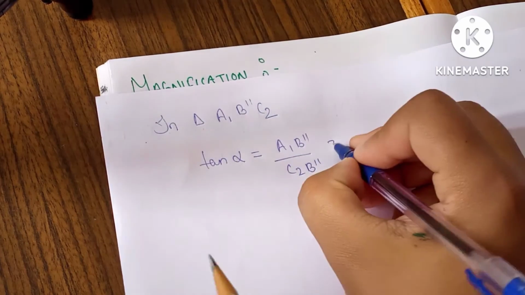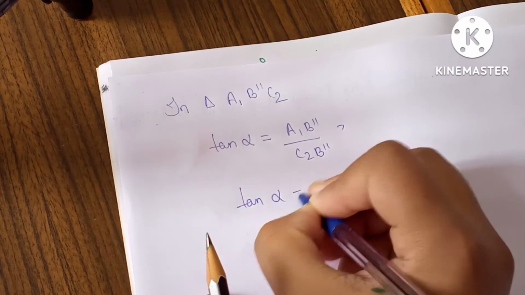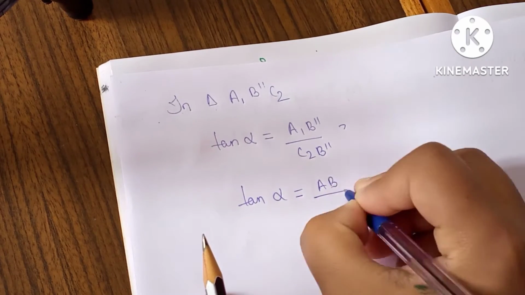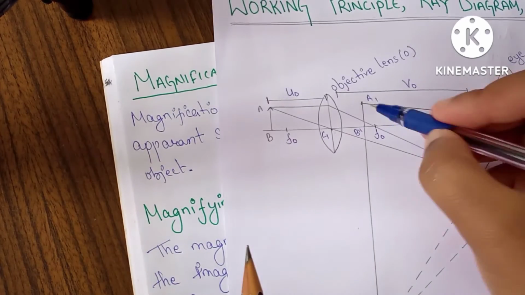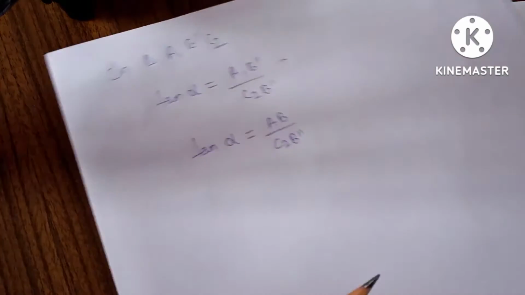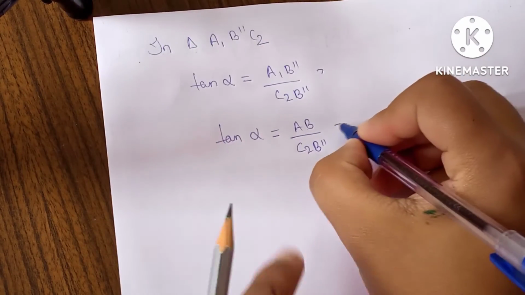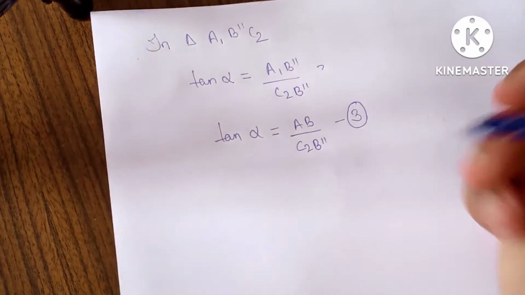So tan alpha will become AB by C2 B double dash, because A1 B double dash is the same height as AB. Let us mark it as equation number 3.